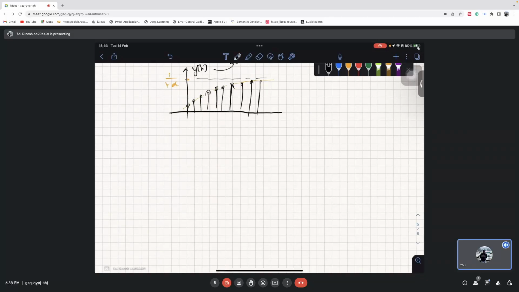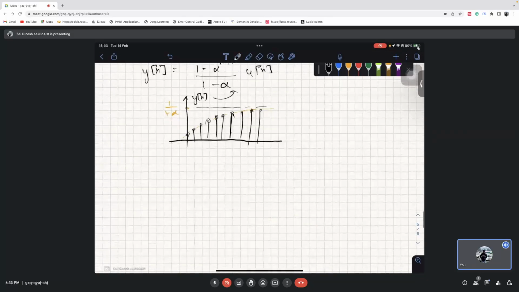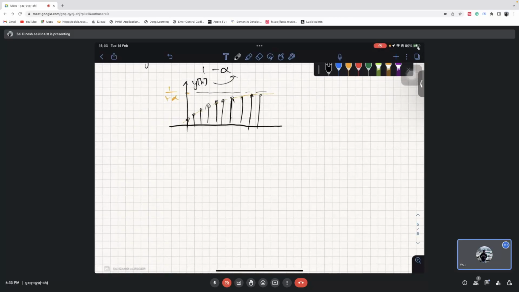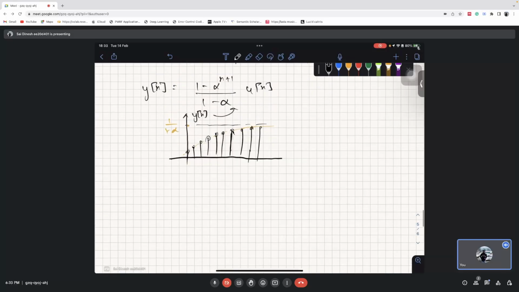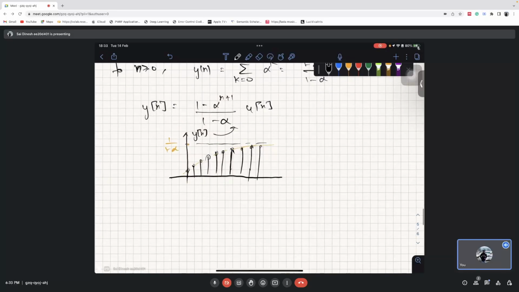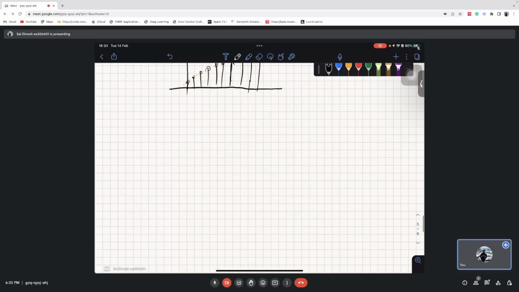This is a case where both of them have infinite support. So let's say we have a sequence where both of them are finite, for example.